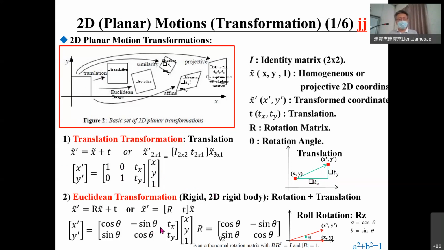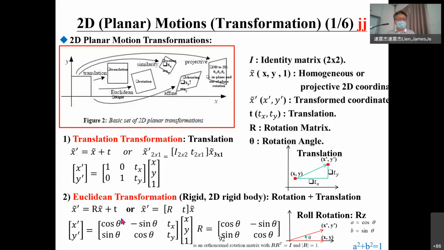If you have not only translation but also rotation, this is like the Euler angle. Your constraint is a squared plus b squared equal to 1, that is, cosine squared plus sine squared. If this equals 1, it means you cannot do any scaling; you have the same object, but you do the rotation.